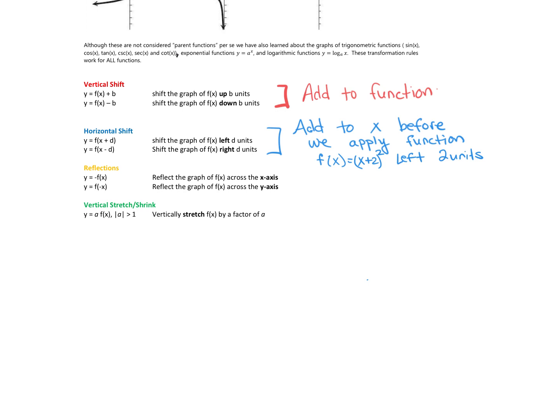Our reflections, if we put a minus sign in front of the function, then we're going to reflect on the x-axis. And if we put it in front of the x, we're going to reflect on the y-axis. And I like to remember these two by thinking about the function f of x equals x squared. We know that graph is a basic parabola. We also know that if we put a minus sign in front of the function, minus x squared, that it just reflects it on the x-axis.